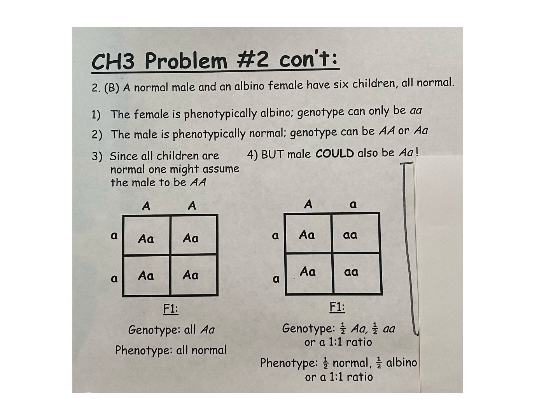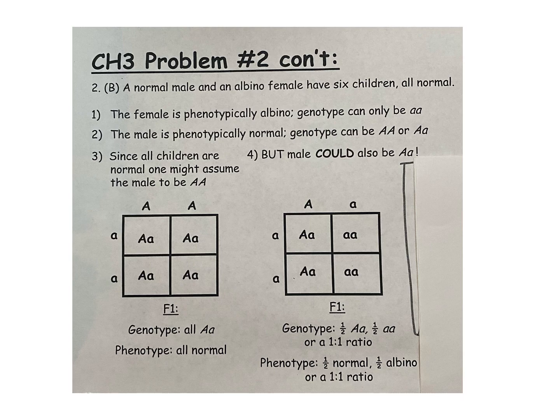However, when we utilize a Punnett square, it really is just a prediction of the type of offspring we would expect. Given that the male is phenotypically normal, there is a possibility that he is heterozygous, and that's the Punnett square on the right.